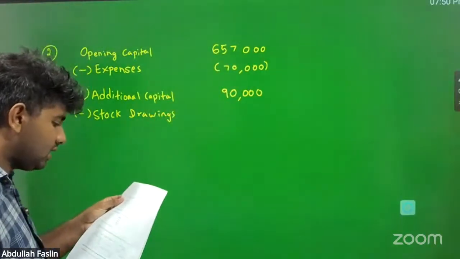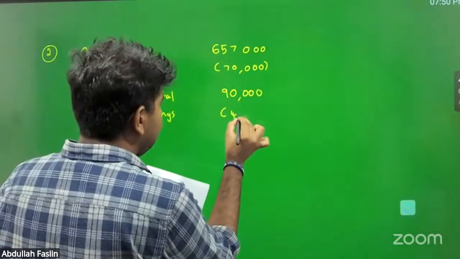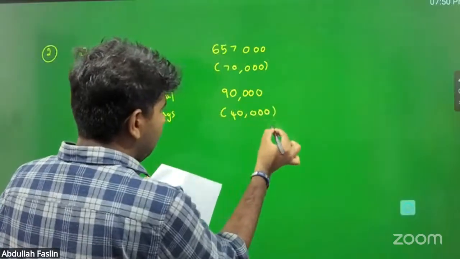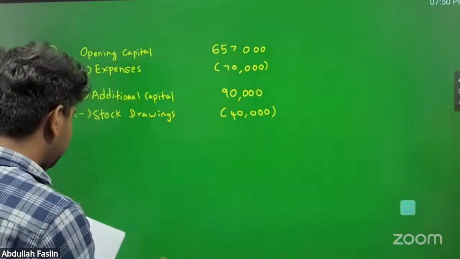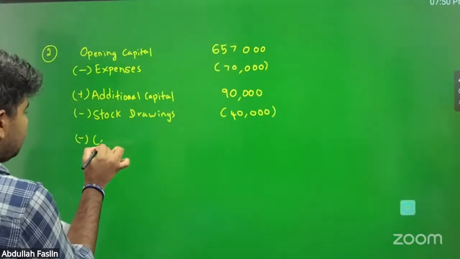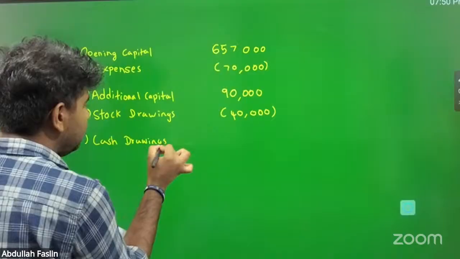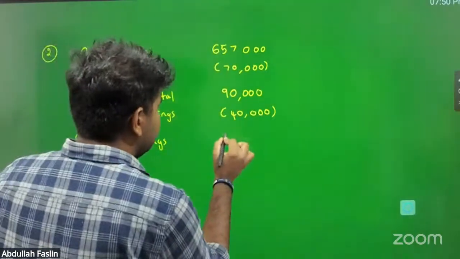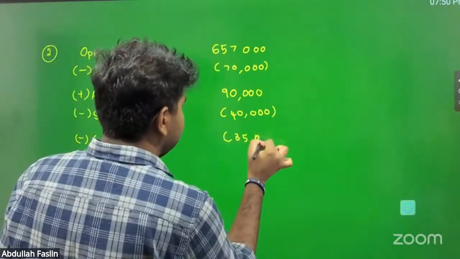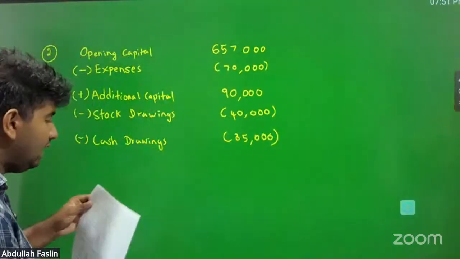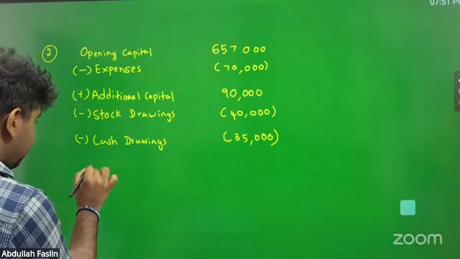The stock drawings is 40,000. Deduct it. Next, cash drawings also you have to deduct because it is a drawing, by 35,000. Then income you have to add.